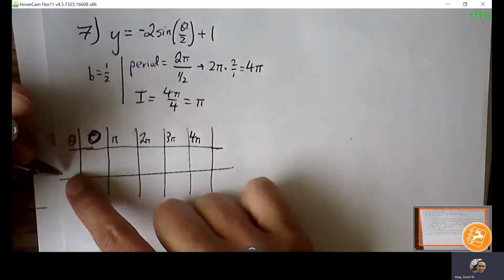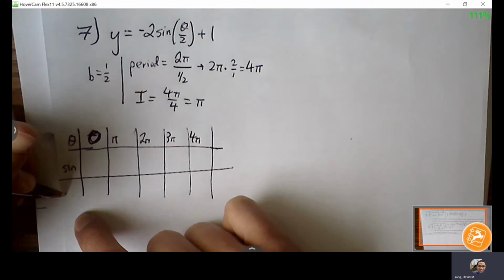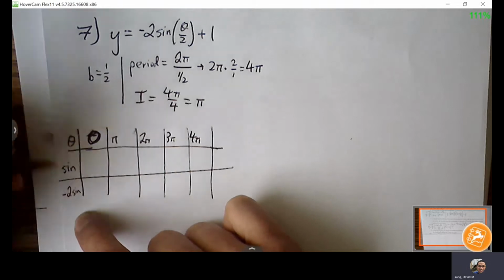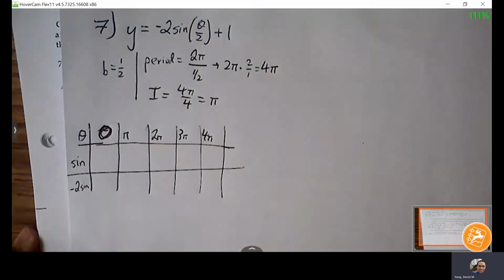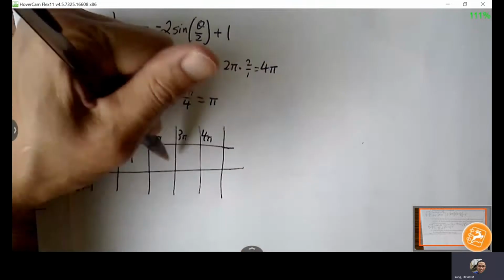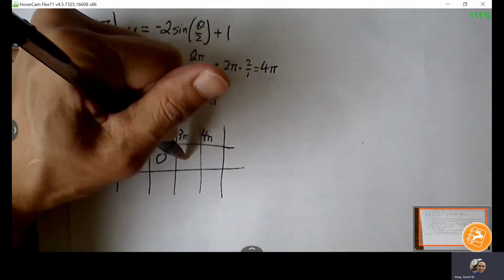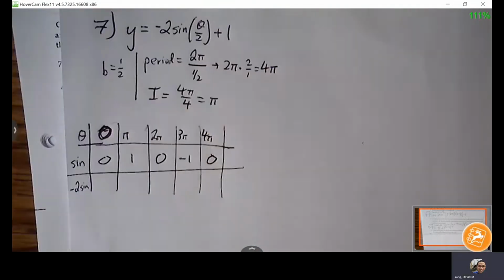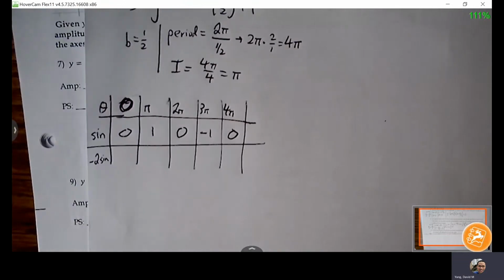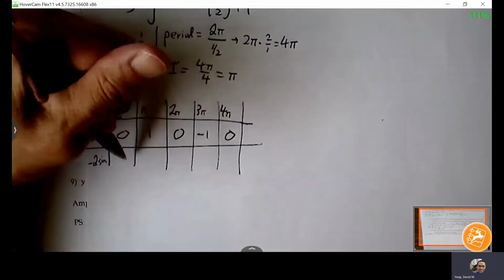We're dealing with sine function. So the sine function we know is going to start at 0, and it's going to make its way up, then down, eventually stopping at 0. The -2 we know multiplied by -2.